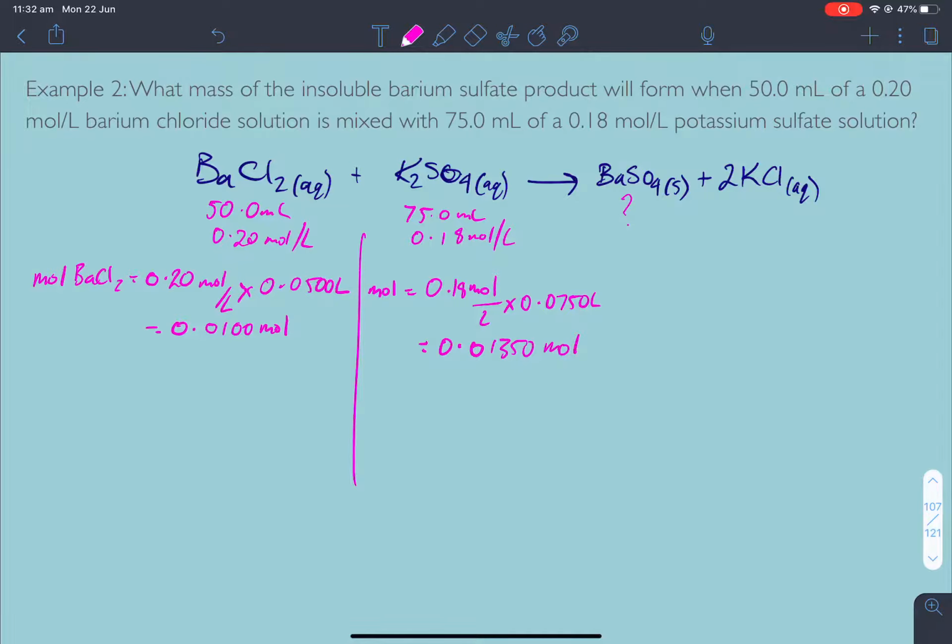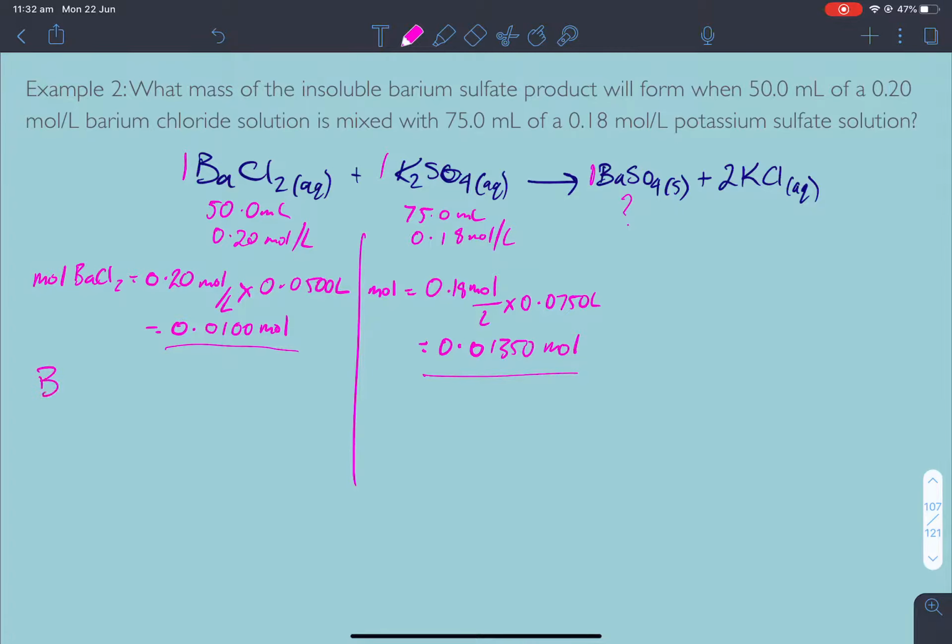Okay, now the good thing about this one is it's a 1-to-1 in the reactants and for our products too. So we can directly compare the number of moles and say which one's bigger, which one's smaller. Okay, so we can see that barium chloride is slightly less than potassium sulfate.